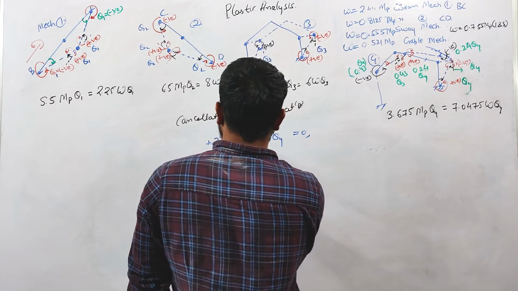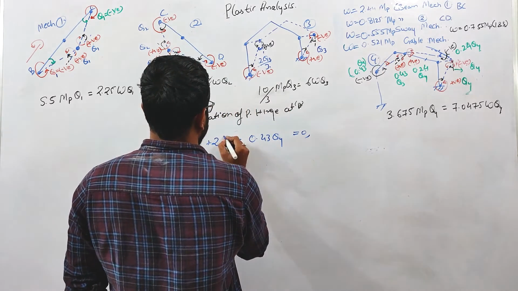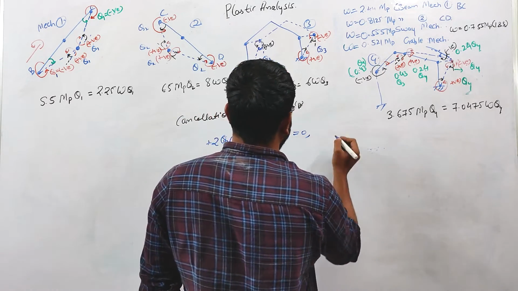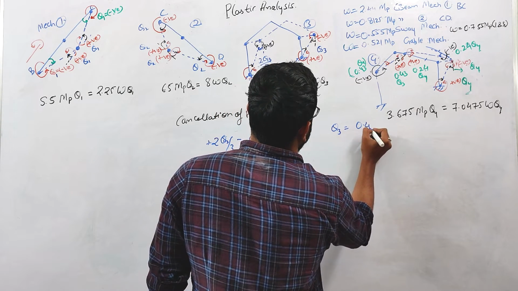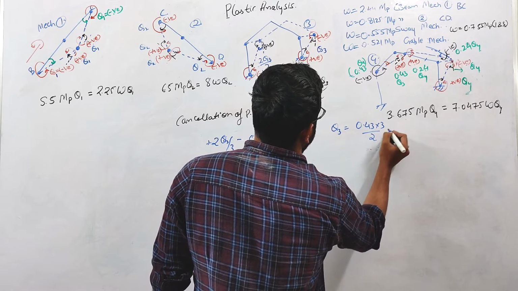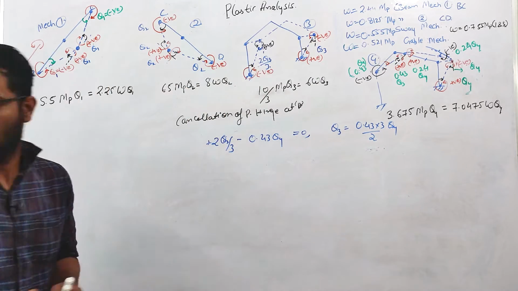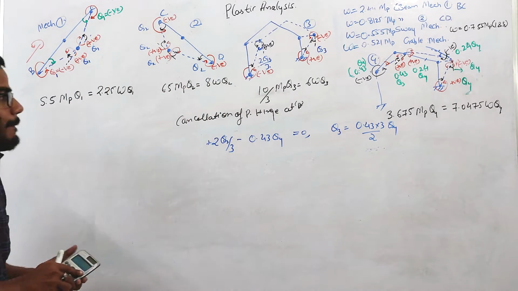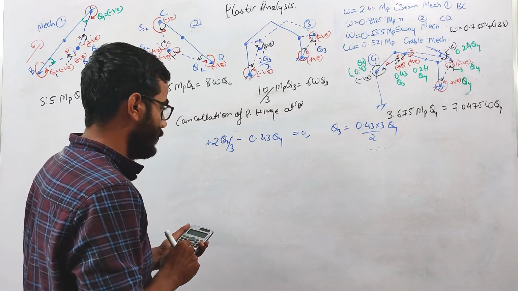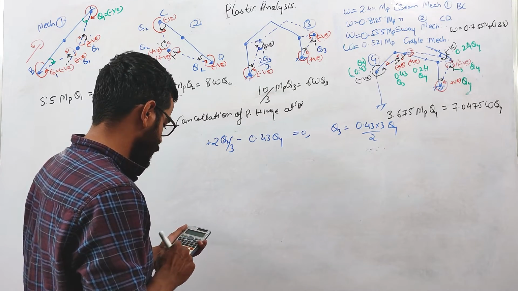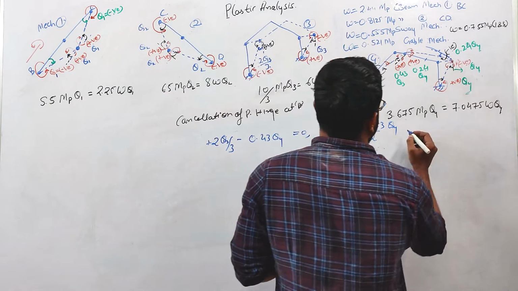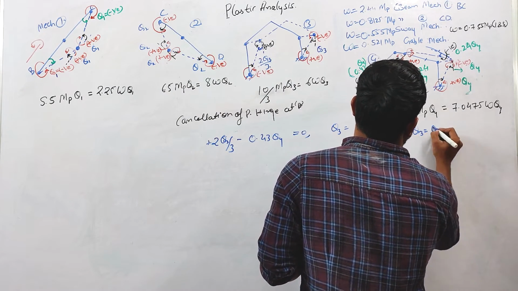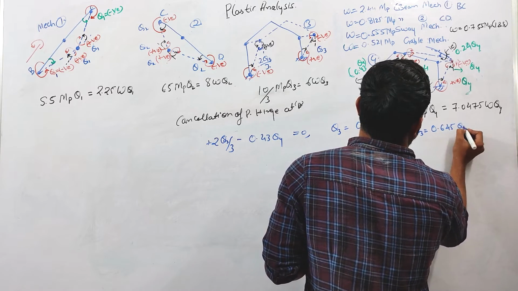So from here, what is the relation between theta 3 and theta 4? Theta 3 equals 0.43 into 3 divided by 2 times theta 4. So theta 3 is equal to 0.645 theta 4.